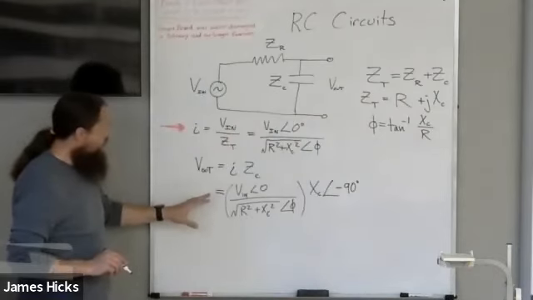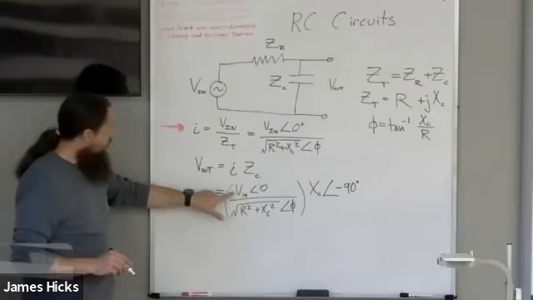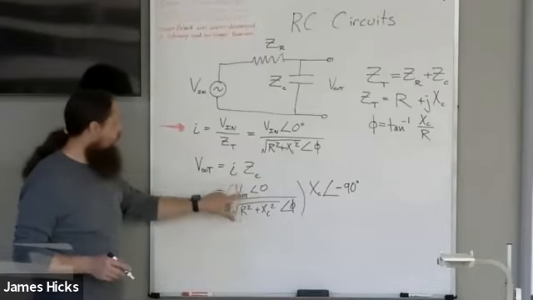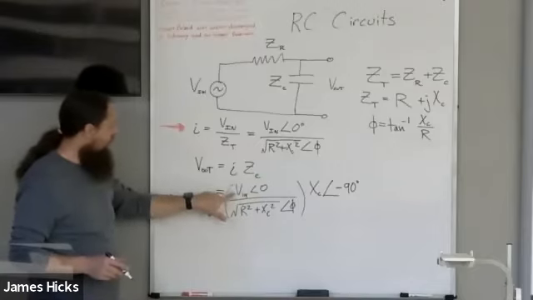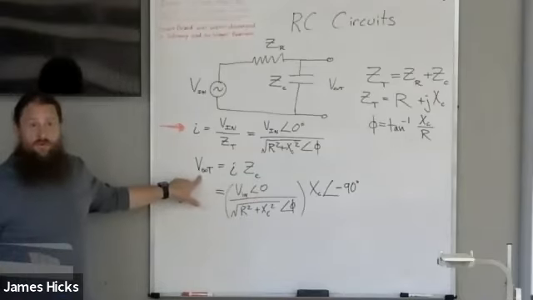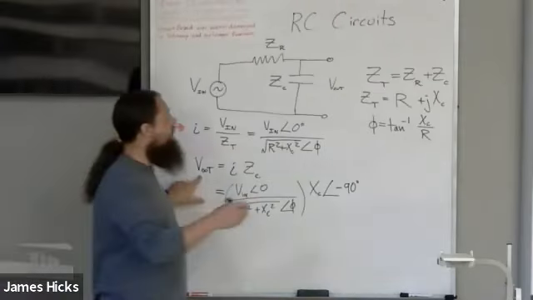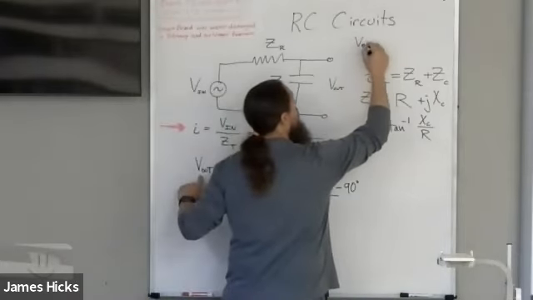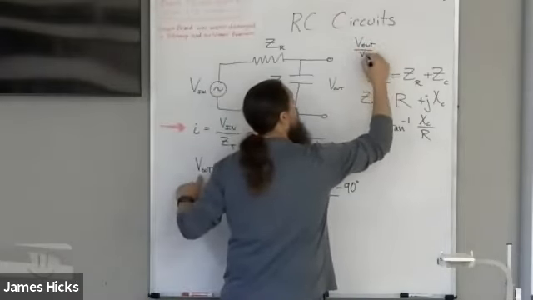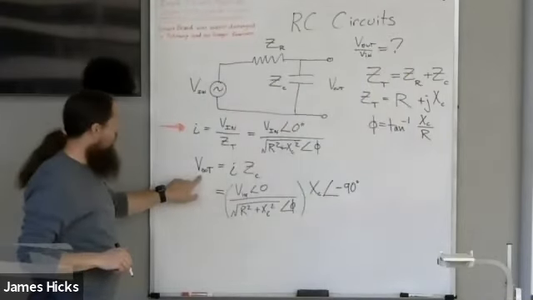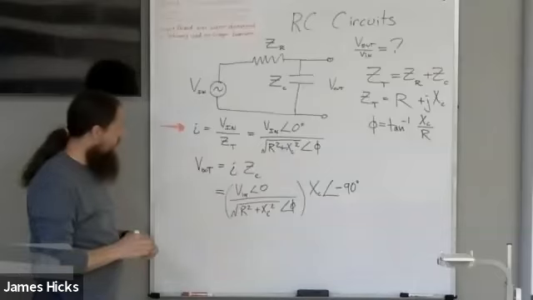What's interesting is that we can start to combine things. I can divide both sides by V in, that gets rid of that, and that'll give me V out over V in, which is what we were looking for. Remember, our whole point of this: what does V out over V in look like? And we're really, really close to that.